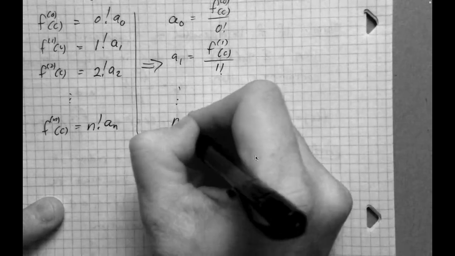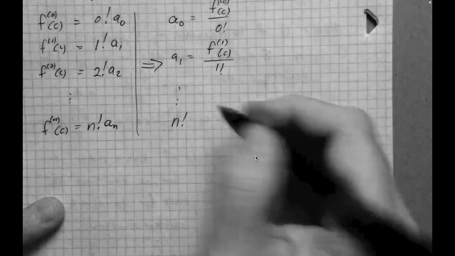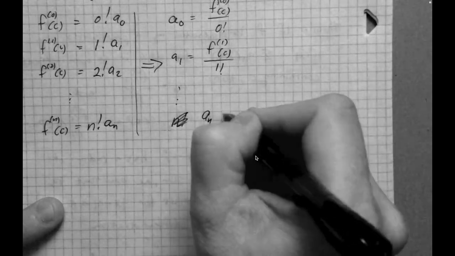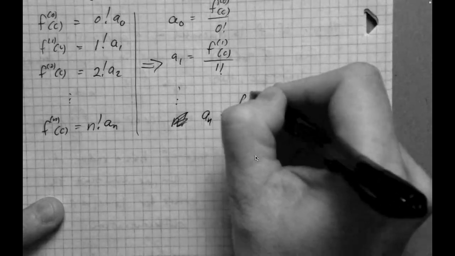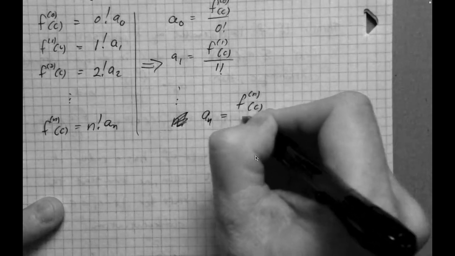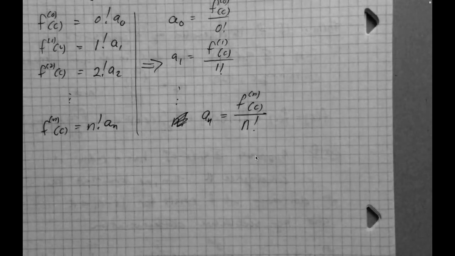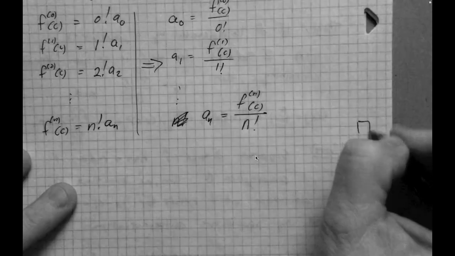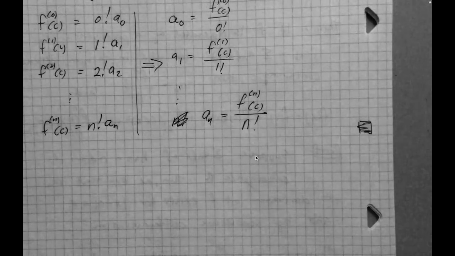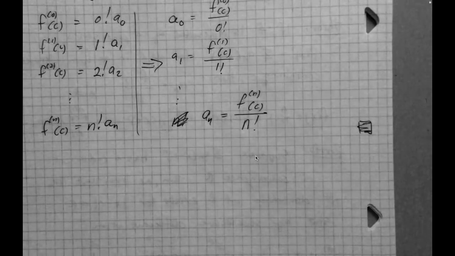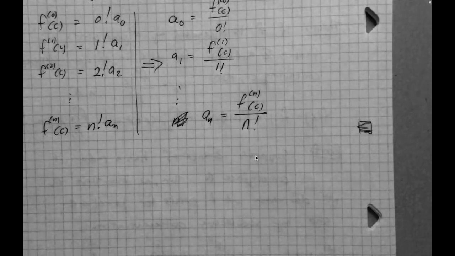And really the one that we care about is the nth coefficient, a sub n, that is the nth derivative evaluated at c divided by n factorial. Which is the result. That's what we were after. We just want to make sure that we can see exactly where these coefficients are derived from, and they're coming off of the power series.